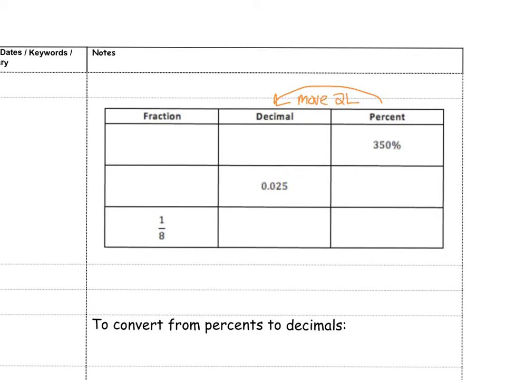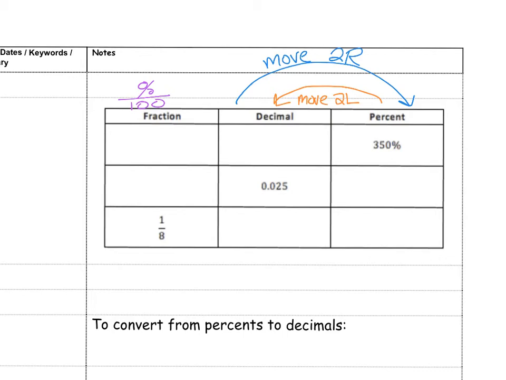So if I wanted to go the reverse option, decimal to percent, it makes sense that we would move the decimal 2 to the right. We also know that a fraction is simply the percent over 100. So when we think about these things that we know, we can go ahead and fill in our table.